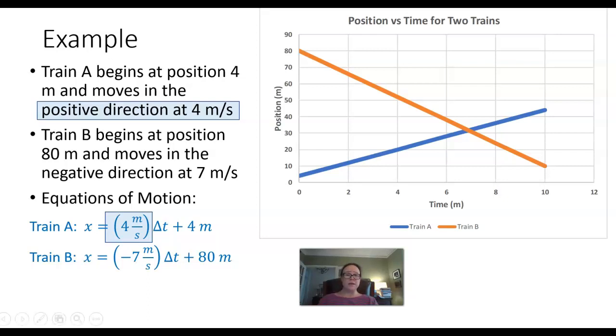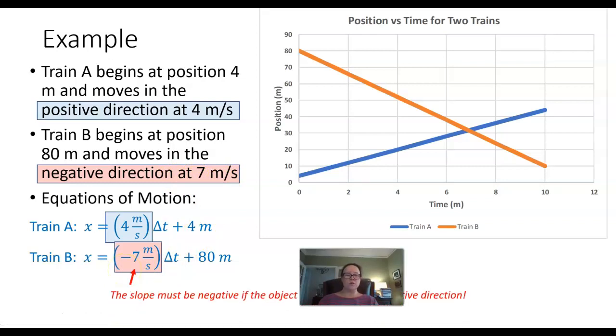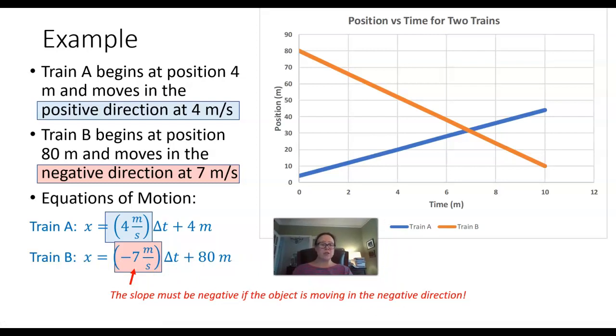Also, they told me that train A started at position 4 meters, and so 4 meters is the y-intercept of this equation. Now, train B is moving in the negative direction, and so it's important that the velocity of train B be negative, because the slope must be negative if the object is moving in the negative direction.